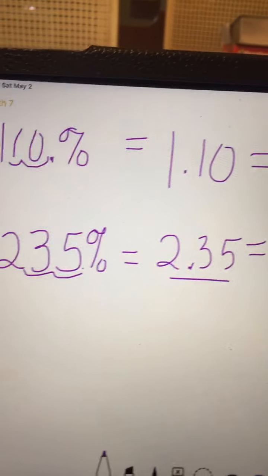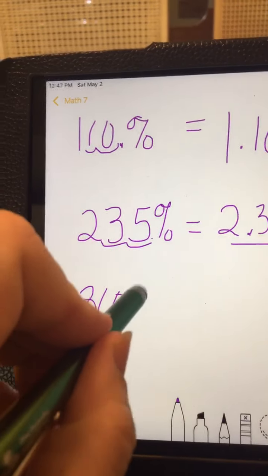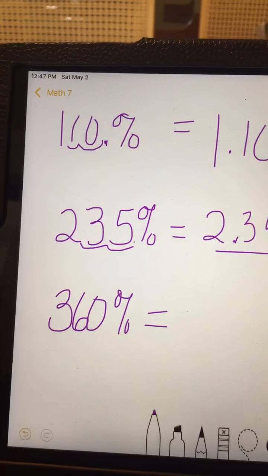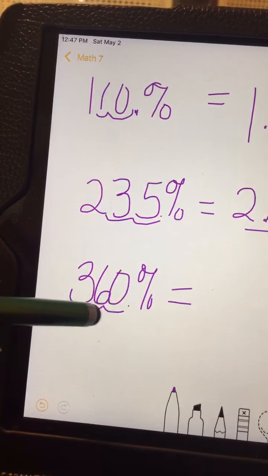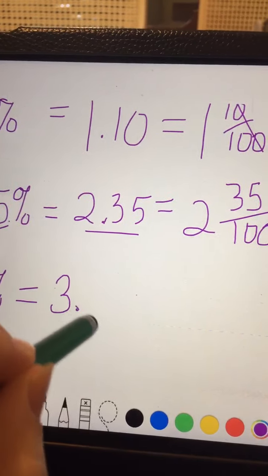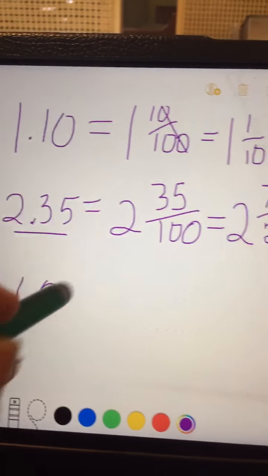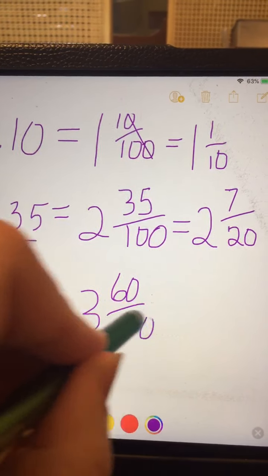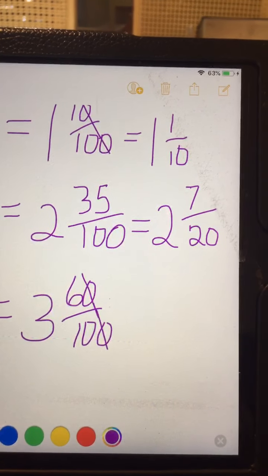All right, let's try another one. Let's say I said something was 360%, and I wanted to change that into a fraction. Okay, put your decimal point at the end. Move it 2 places to the left. So my decimal is 3 and 60/100ths. Go ahead and take off a 0 at the end of each.